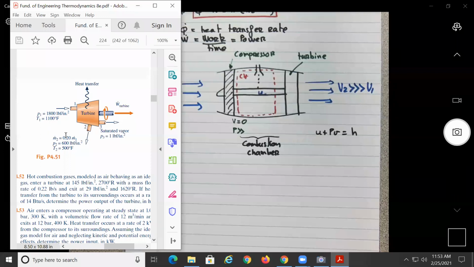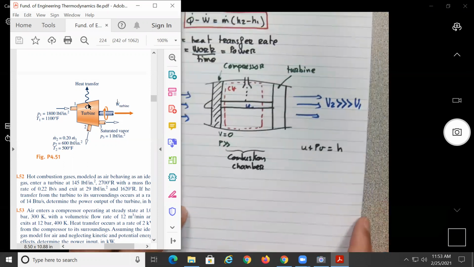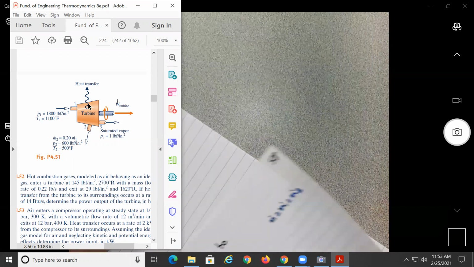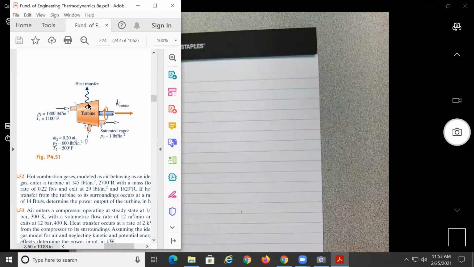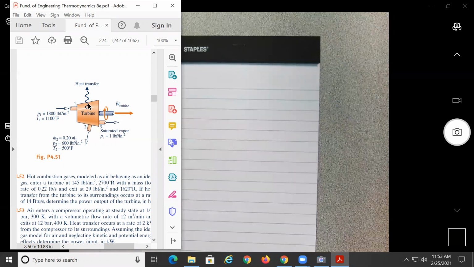So let's do 451. For now, let's just copy the figure, and then we see from the problem statement if we need to add some information, okay? All right, but let's do the figure. So problem 451.